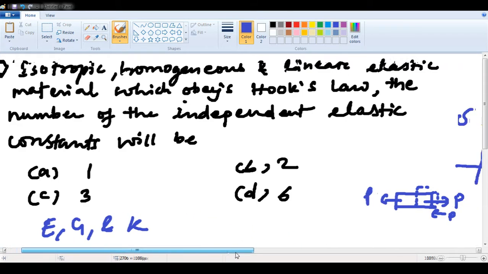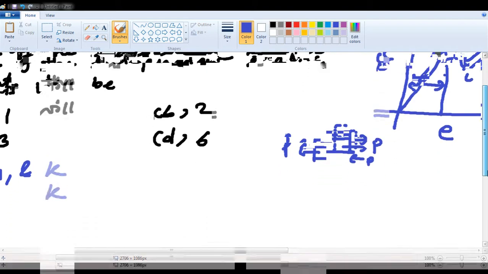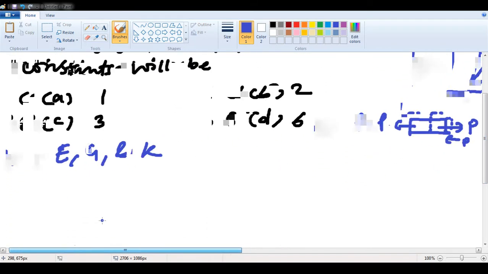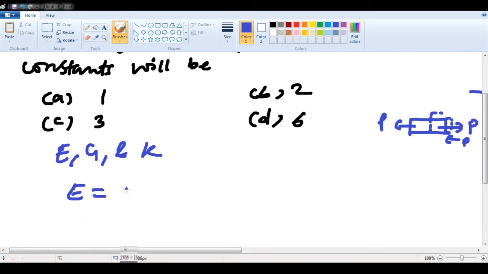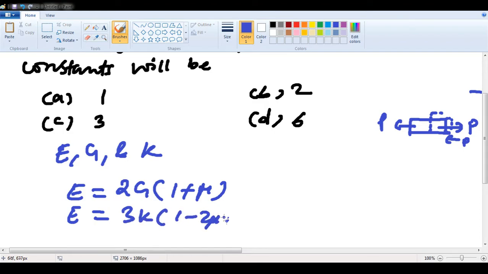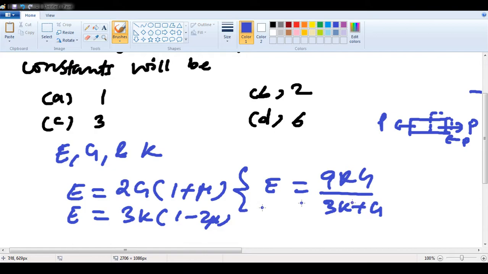So what is the relation between these? We come across the relations E is equal to 2G(1 plus mu), E is equal to 3K(1 minus 2 mu), and again E is equal to 9KG by (3K plus G). This is the only equation where all three can be seen.